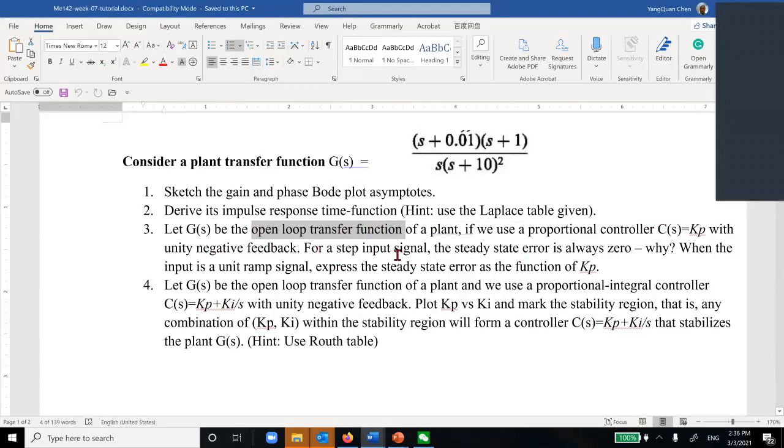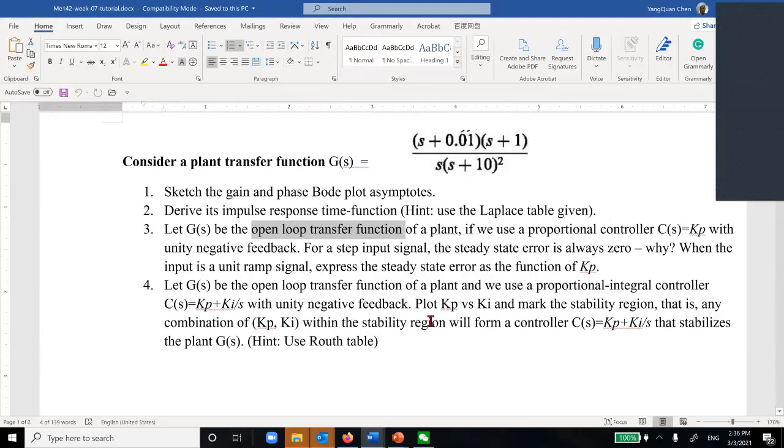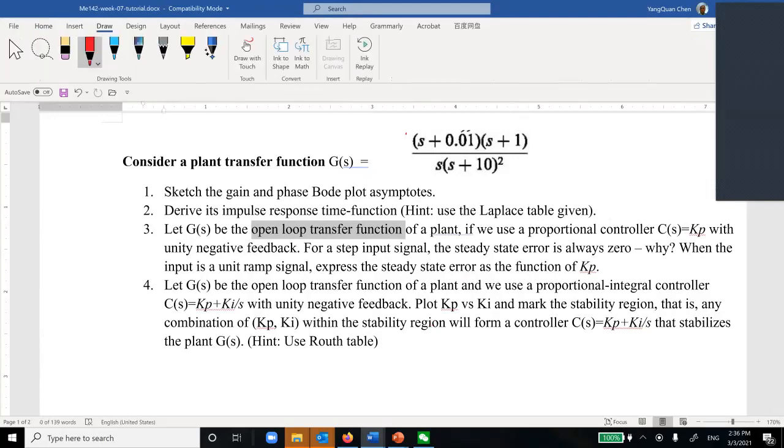So something like this. Let me see if I can do it. Yeah, I can. So I put this is a system, this is the output, this is the input. This is called open loop, right? Then I pull out the feedback. Here, this is a unity, meaning this is a 1. You can drop this one, but I show it just to indicate unity.